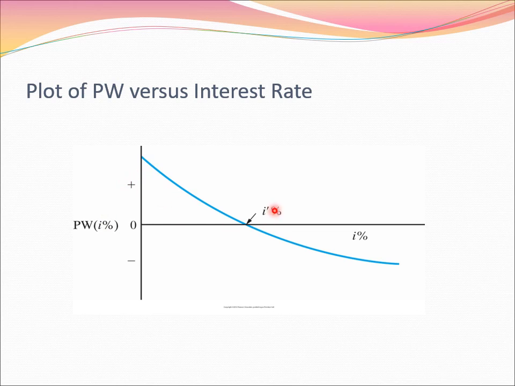So our objective is to find the interest rate that makes this present worth equal to 0. If you use a lower interest rate, the present worth can be, let's say, positive. If you use a higher interest rate, the present worth can be negative. But we want to identify the interest rate that will make the present worth equal to 0. And this interest rate is called IRR, the internal rate of return.